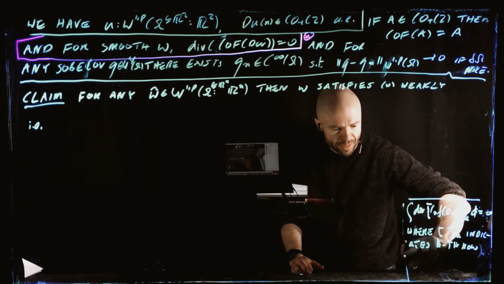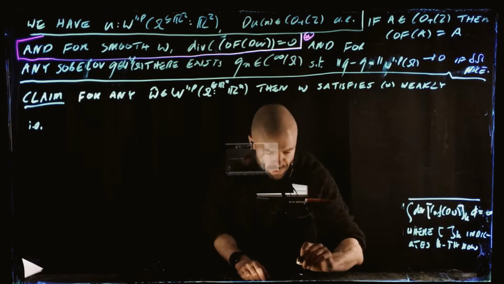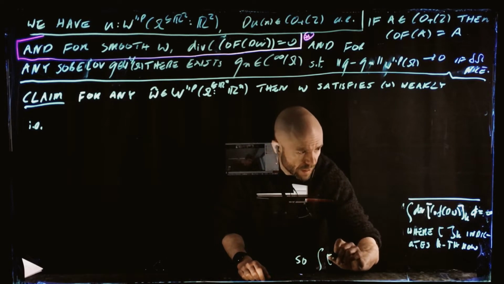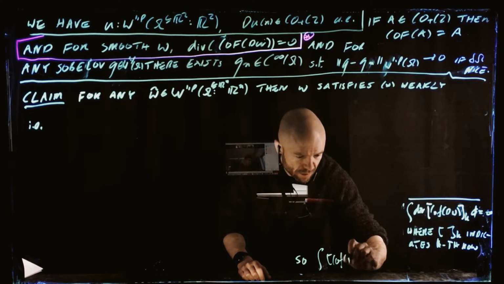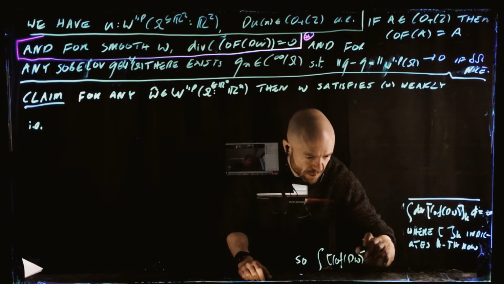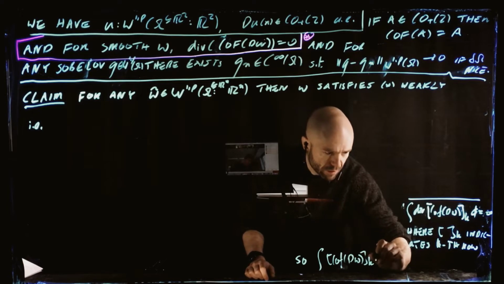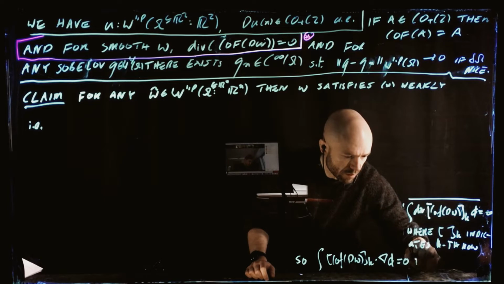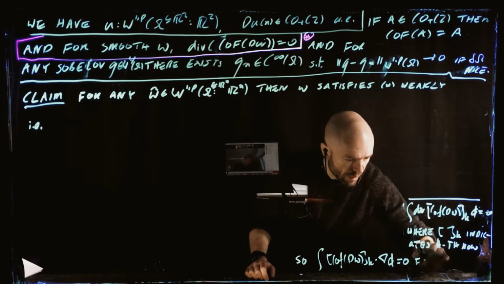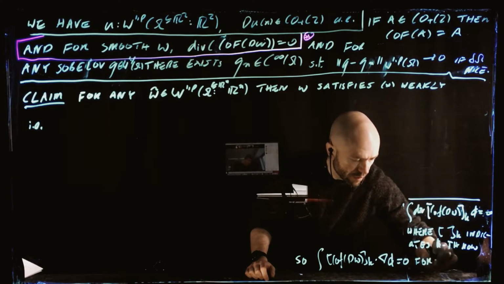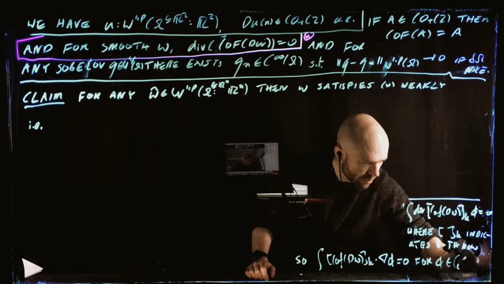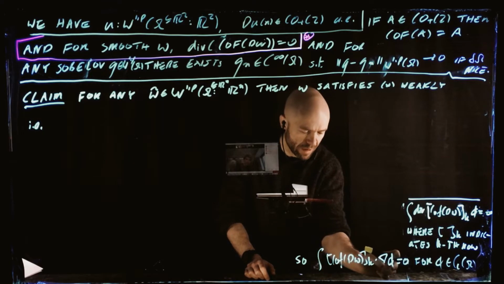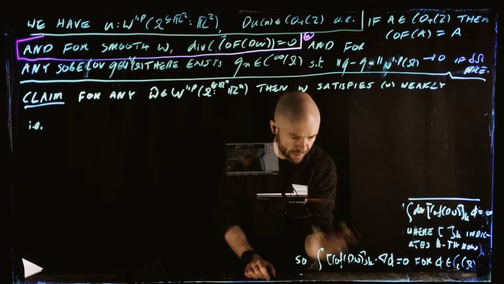Once we have that, we can just integrate by parts, and then the kth row of the cofactor of dW, dot product with the gradient of phi, is equal to 0 for all phi of compact support. It's a scalar function; we take the derivative as a vector and dot product that n-vector with the n-vector, the kth row of this thing.